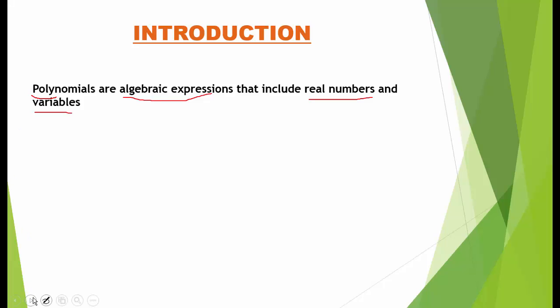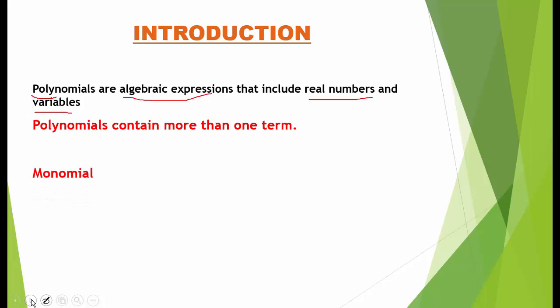Now, on the basis of number of terms, we divide these polynomials. First, polynomial, which means containing more than one term, and monomial. Mono means one. So monomial is that polynomial expression which contains exactly one term.